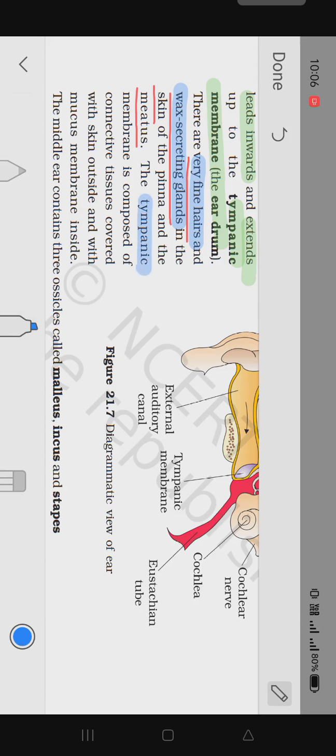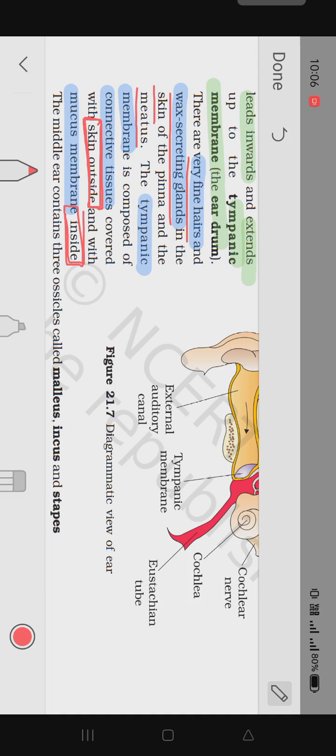Now, the tympanic membrane. This is also known as the eardrum, to be more precise, and it is composed basically of connective tissue. Plus, it is also composed of mucous membrane. Connective tissue is present in the middle, along with the skin on the outside and mucous membrane on the inside.